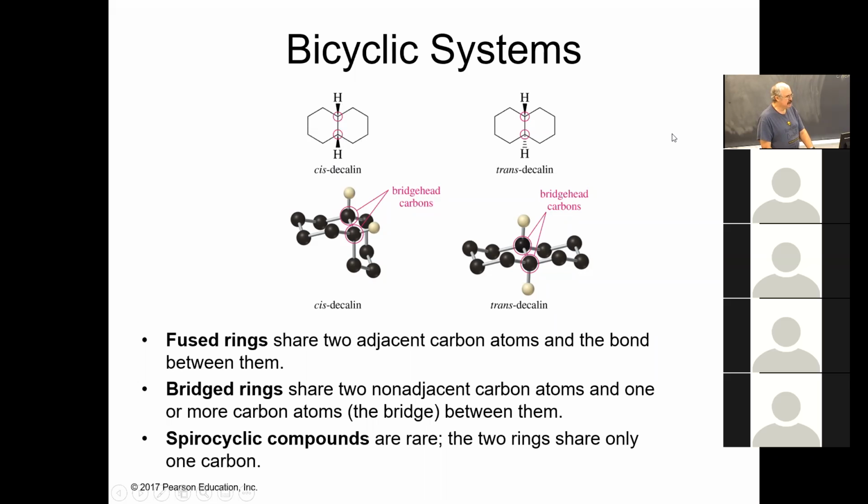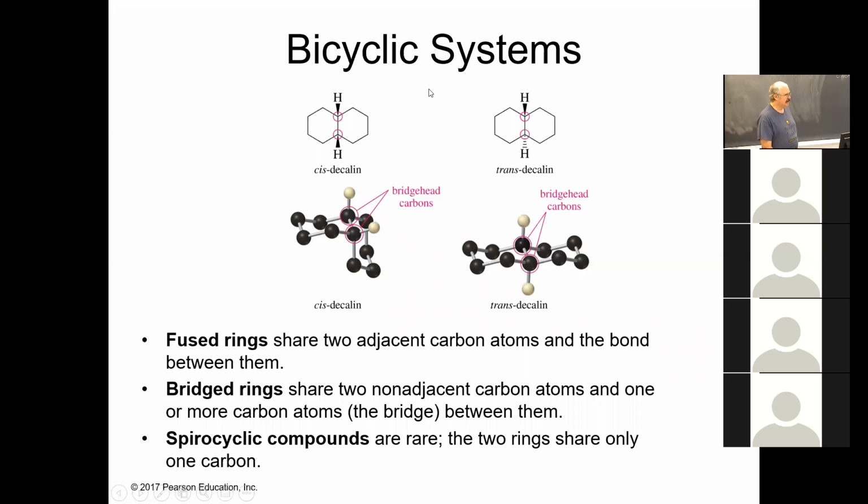Decalin has two geometric isomers. The rings can be cis or trans to each other. The trans is actually more stable. And if you look at the hydrogens here, you can tell that it's trans versus cis. The cis is sharply folded like this.